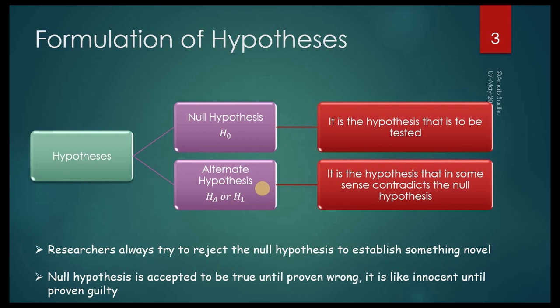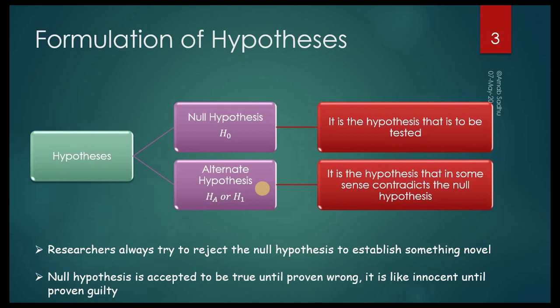So if you are with the norm of the society or science or statistics, then you do not have to prove yourself. If you are against the current norm of the society, then you have to establish your result or your statement. So that statement is the alternative hypothesis.